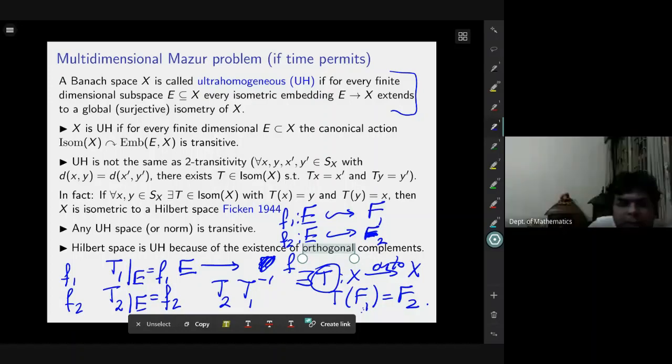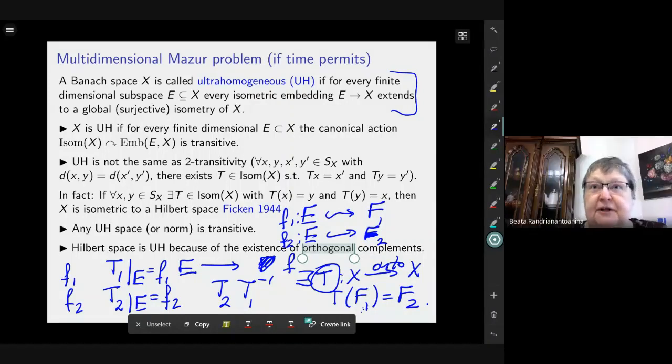Because you have a commutative square of some sort in this situation. You have a diagram which commutes. Yes, precisely. I should have drawn it on a diagram, it would be a lot clearer.